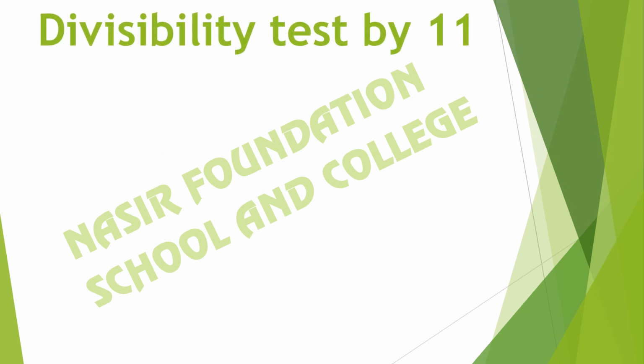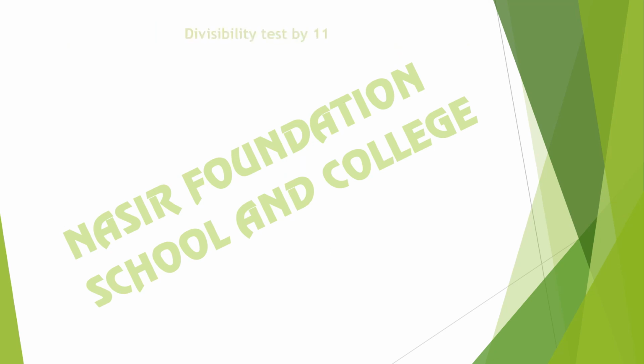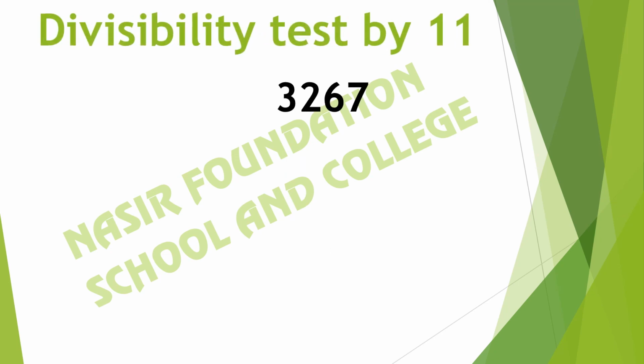The number we have is 3267. If we see the digits placed in odd places, 3 and 6, we will find their sum. If we add 3 plus 6, we get 9. Now we will sum the digits placed in even places. They are 2 and 7.